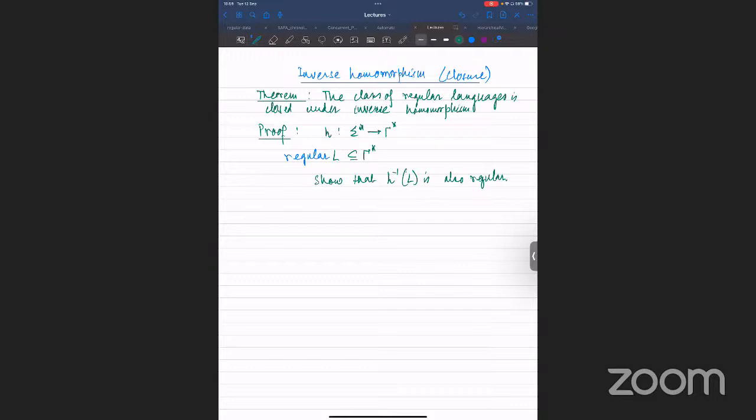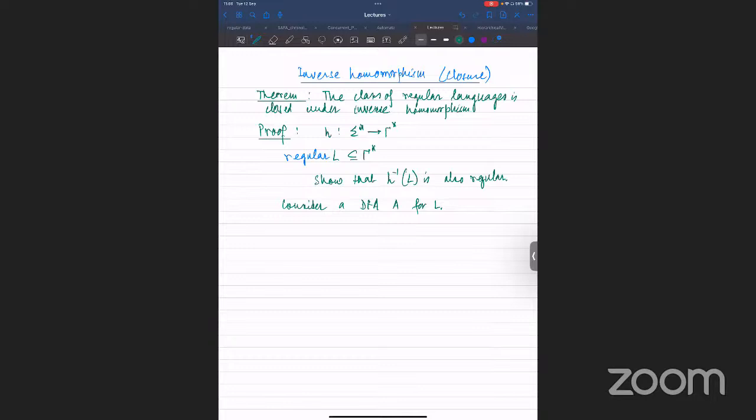So what can you do? You can consider a DFA, right? So consider a DFA A for L. Then what do you do? So consider that there is a DFA for L, and then what are you going to do? The DFA is going to accept L by following some transitions.